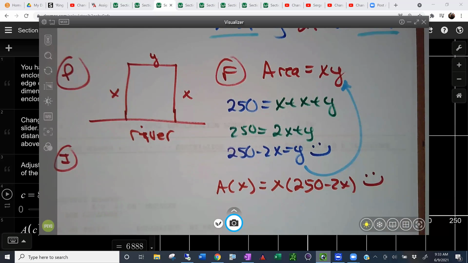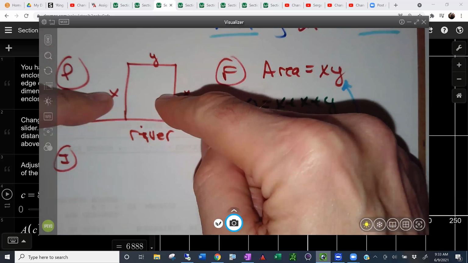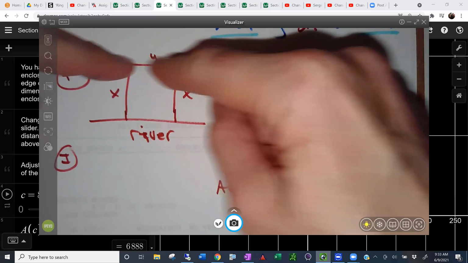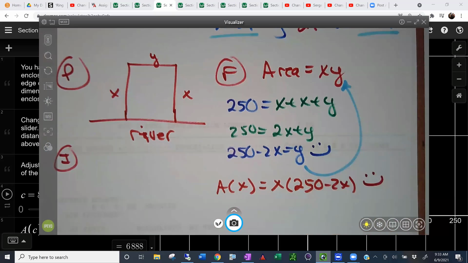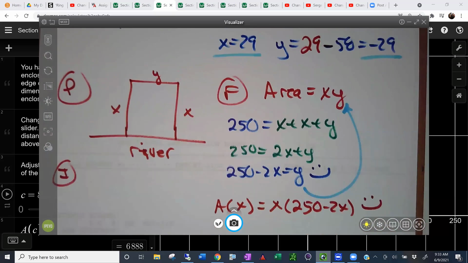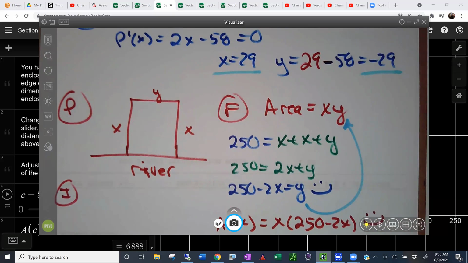And we'll see. Actually, it's going to be the other way. It's going to be all for the Y value and none for the X value. So I can't just use as much fencing as I'd like. Kind of limited.